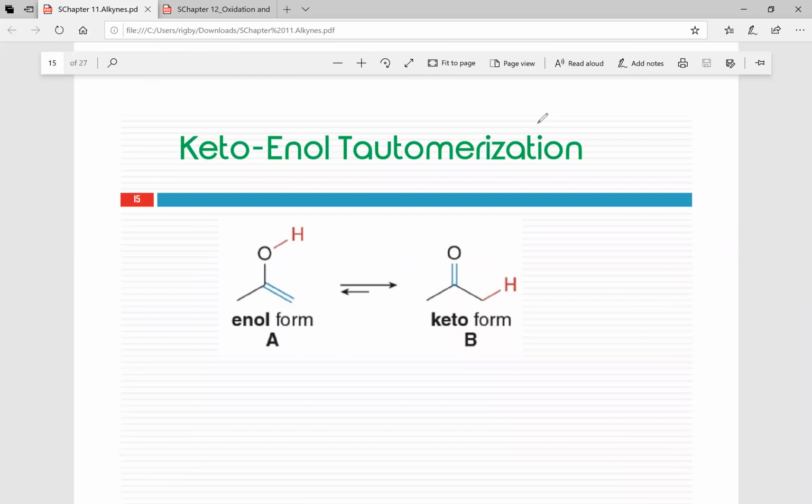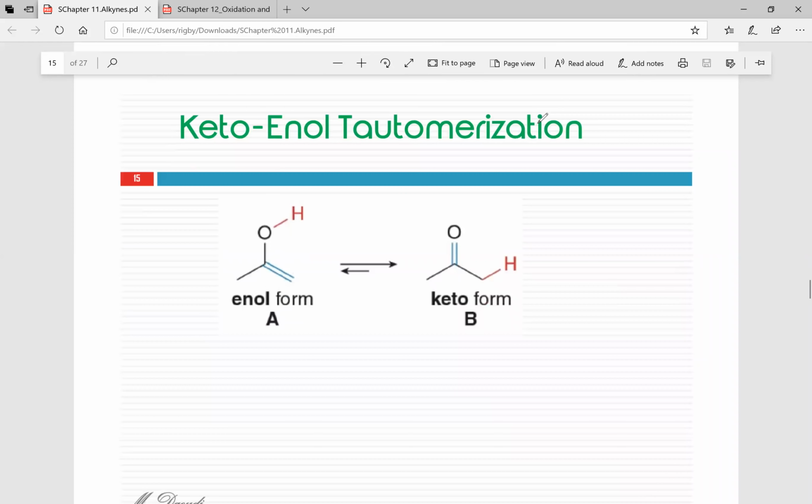The reason we call this tautomerization is this is a sort of special reaction. Essentially, it's a reaction going between two constitutional isomers, but it's so special we gave these constitutional isomers a special name. They're called tautomers. So these two are tautomers of each other. This is the enol tautomer and this is the keto tautomer. Obviously, the enol name comes from this being an enol. The keto name comes from this being a ketone.